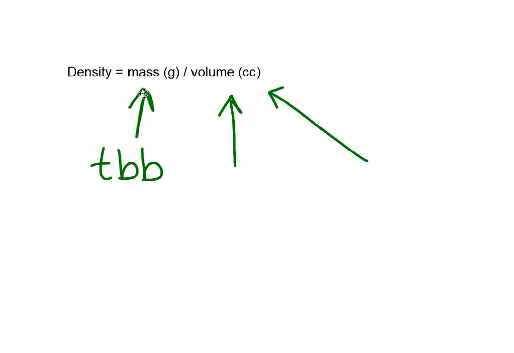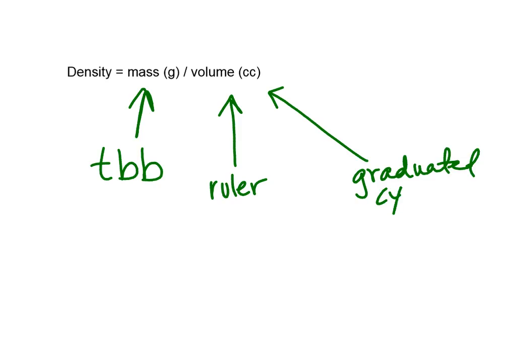I'll tell you what they are. One of them is a ruler, and the other one is a graduated cylinder. You do not need to use both. You can just use one or the other. Okay? Both of them, in one way, shape, or form, will allow you to determine what the volume is.